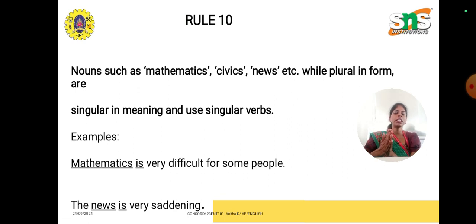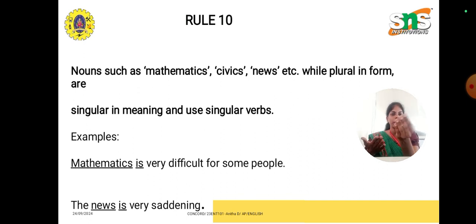Rule number 10 is nouns such as mathematics, civics, news, etc., while plural in form, are singular in meaning and use a singular verb. Example: many people think that mathematics, which has an s added, is plural. You are not supposed to treat it as plural form because without the s, the word could not be fulfilled.